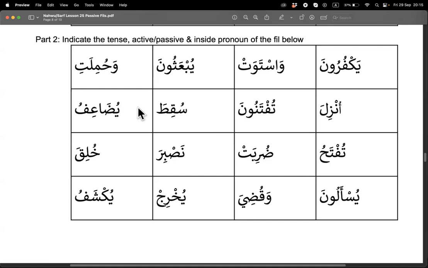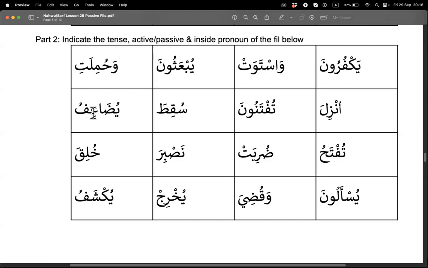This one, how come this one got an extra alif here? So this one I believe will be fi'il mudari. Yes, mudari, and then this one u'a. And then naibul fa'il is huwa. Right, so you cannot change the fa. You can change here and the ain also you can change.